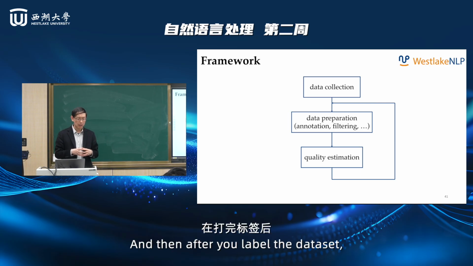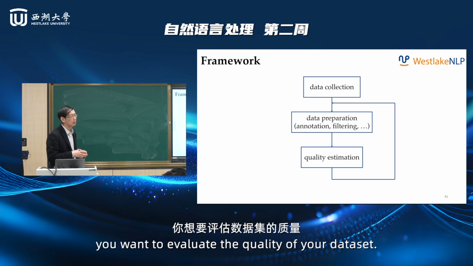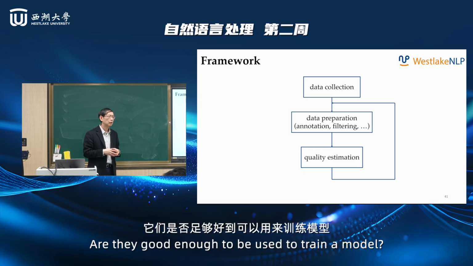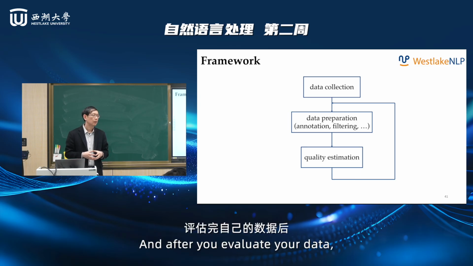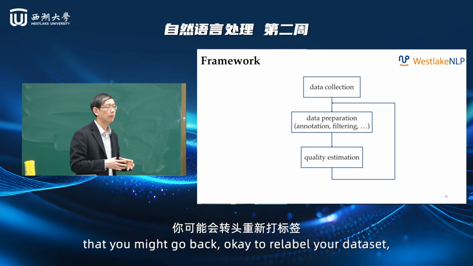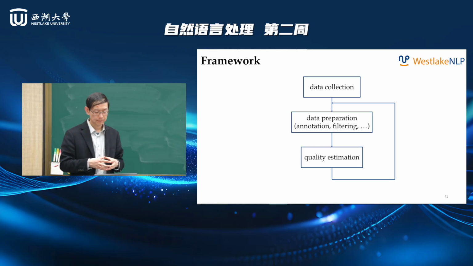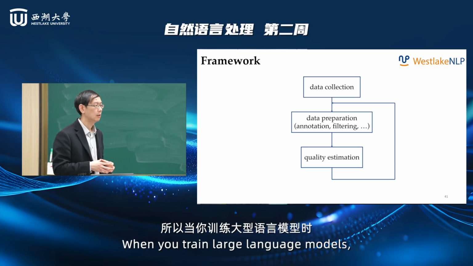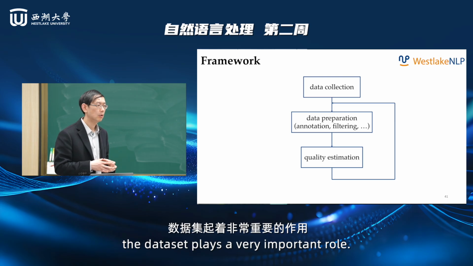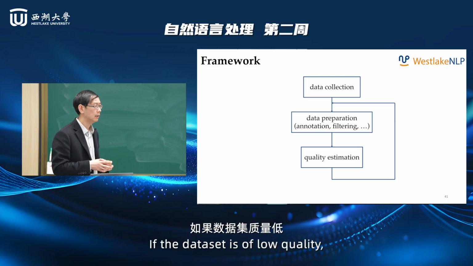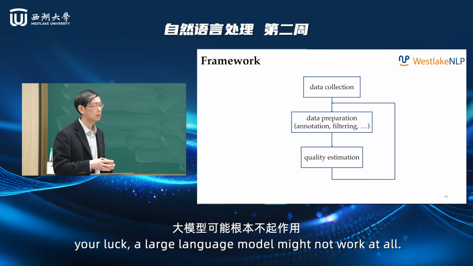And then after you label the data set, you want to evaluate the quality of your data set. Are they good enough to be used to train a model? And after you evaluate your data set, you might go back to relabel your data set, to tweak your data set. It's very important. So when you train large language models, the data set plays a very important role. If the data set is of low quality, your large language model might not work at all.